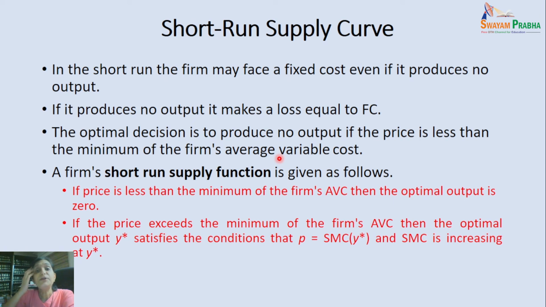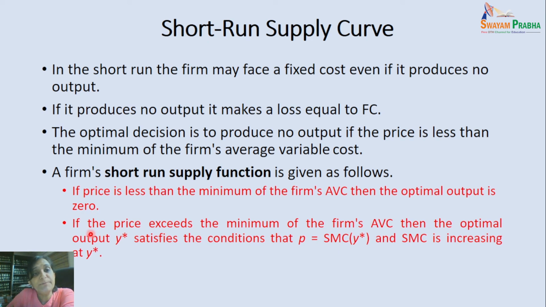So, when we talk about the supply curve of a firm in the short run, we say if the price is less than the minimum of the firm's AVC, then the optimal output for the firm is zero. That is, the firm is a price taker, and if the price is so low that the firm is unable to cover even its average variable cost, the firm should stop producing. So that will become its optimal level.